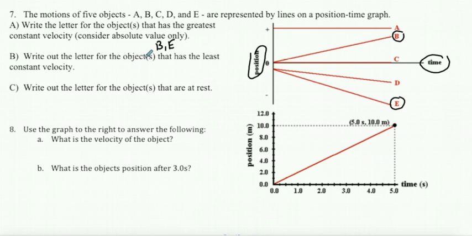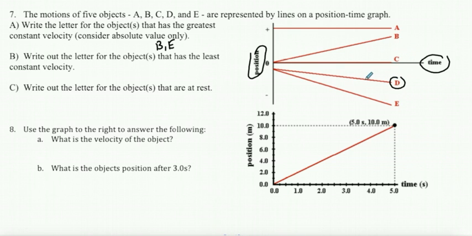So for the next one, write out the letter for the object that has the least constant velocity. So it has to have some kind of a velocity. So I'm going to rule out A because this person is not moving. They're just staying in one place. So their velocity is essentially 0, which means they don't really have a velocity. So we're going to look at D here. C is, again, another object at rest.